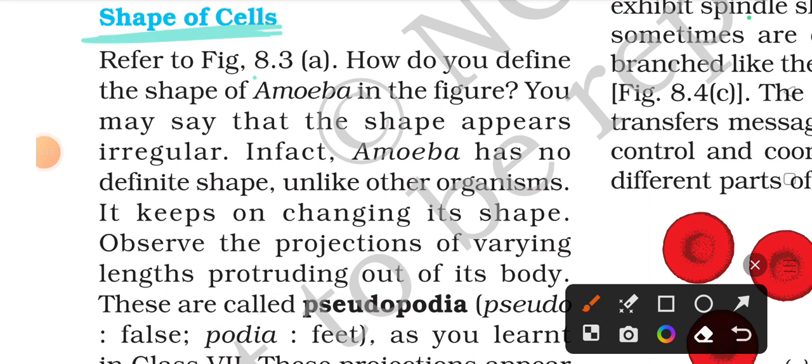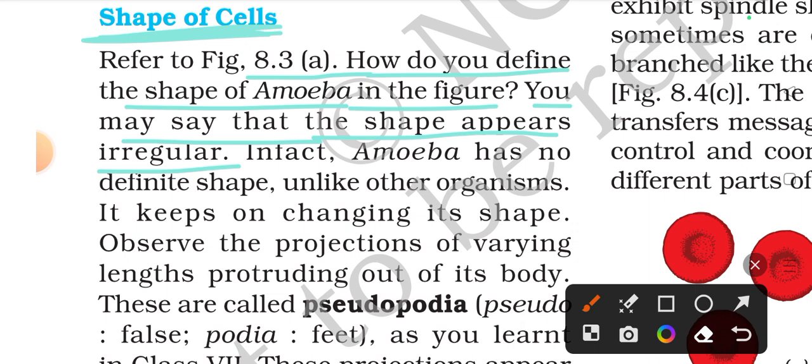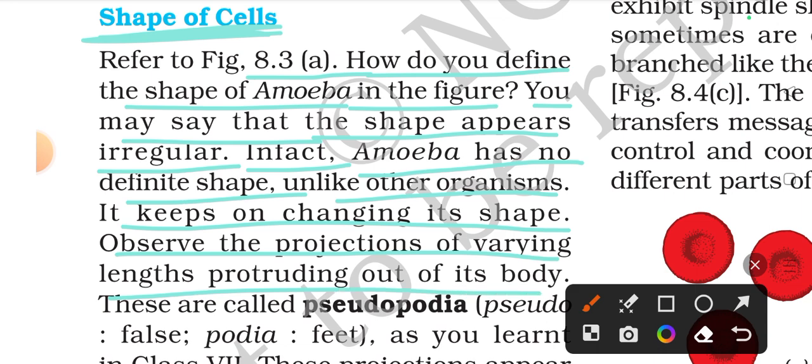Refer to figure 8.3a. How do you define the shape of amoeba in the figure? You may say that the shape appears irregular. In fact, amoeba has no definite shape. Unlike other organisms, it keeps on changing its shape. Observe the projections of varying length protruding out of its body.